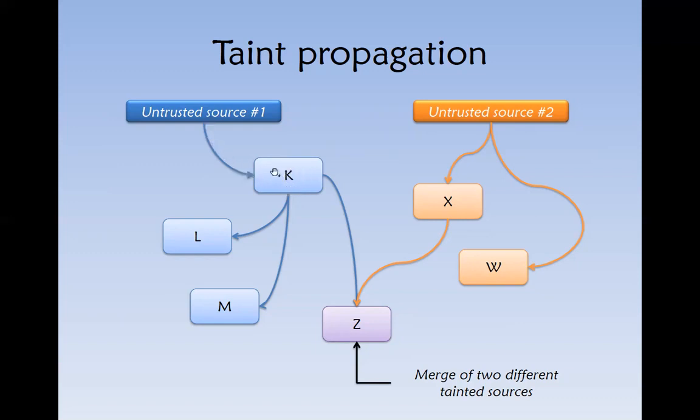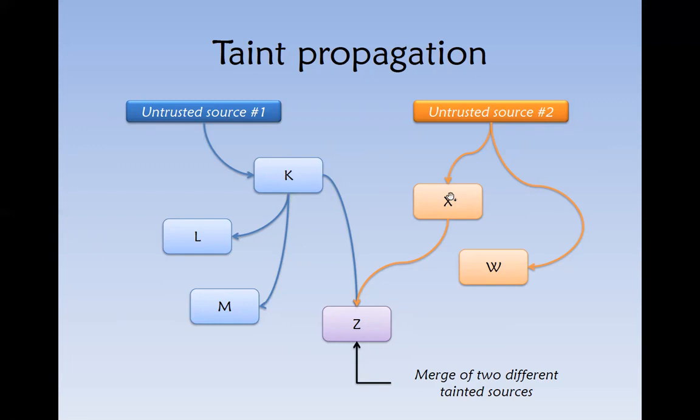So k could be, for example, a variable that you read from the command line. Because the command line is untrusted, according to our taint sources, k becomes untrusted. Now k might be used to compute the value of L and M, so those also become untrusted, as well as Z.